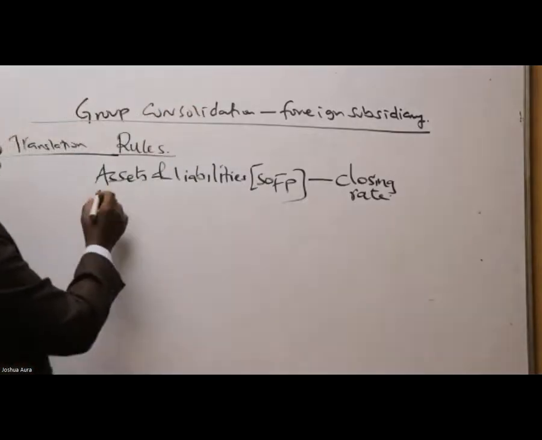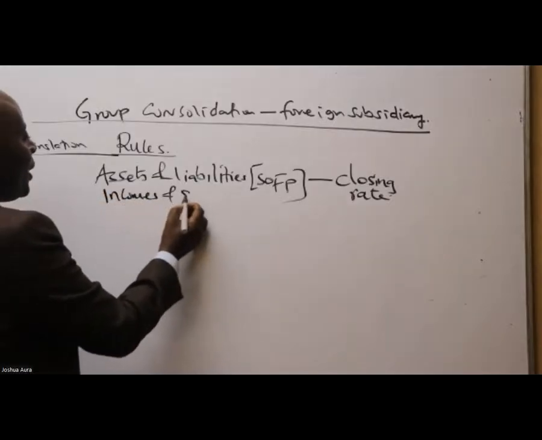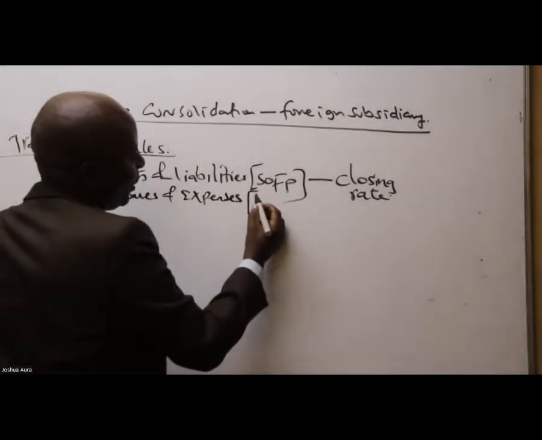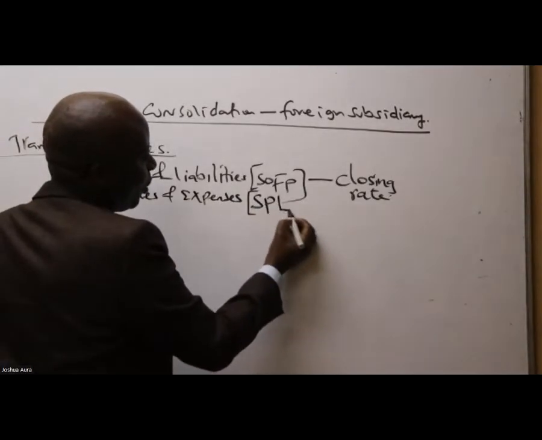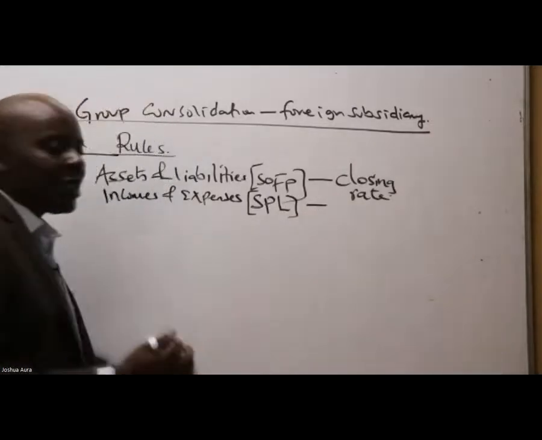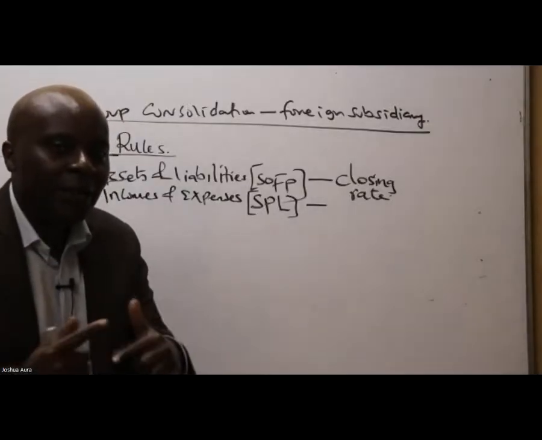Of course, if it is incomes and expenses, which we shall be getting in the statement of profit or loss, you know, income and expenses accrue almost evenly in the whole year.